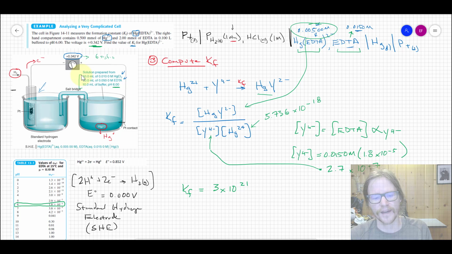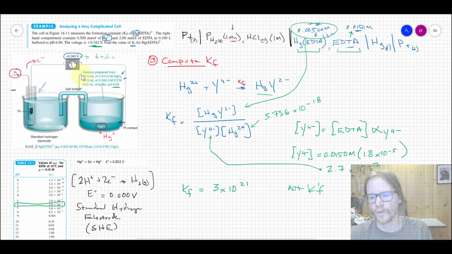I should note that this is Kf and not K prime F, because remember, if we wanted to compute K prime F, then we would have needed to multiply this by our alpha coefficient.